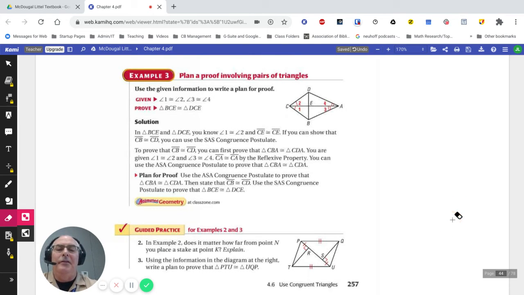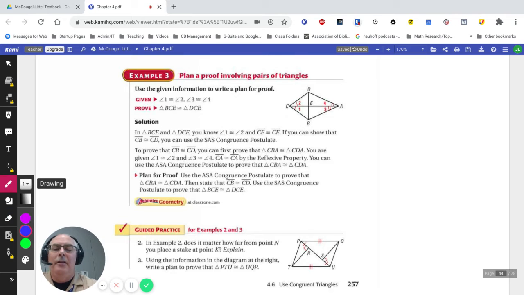Here's an interesting situation because we're told that we've got some angles here that are going to be equal. I've got angles that are equal. And I also am going to show, let me erase that.